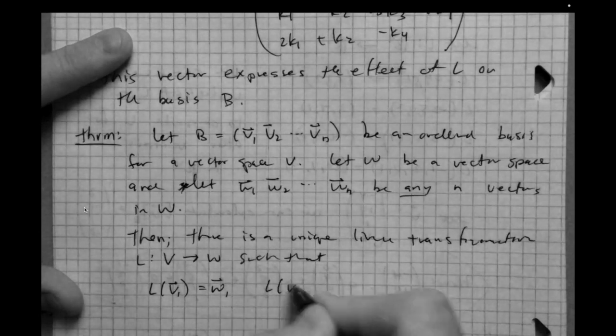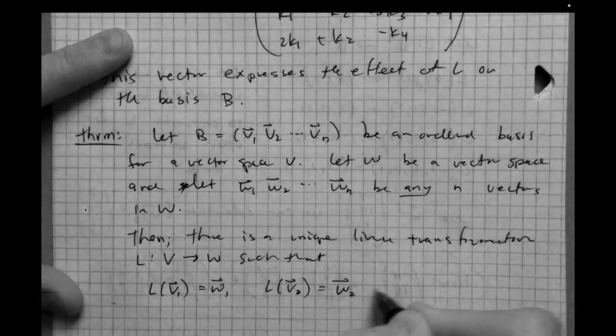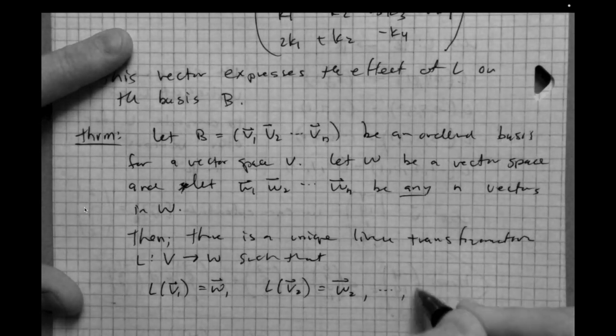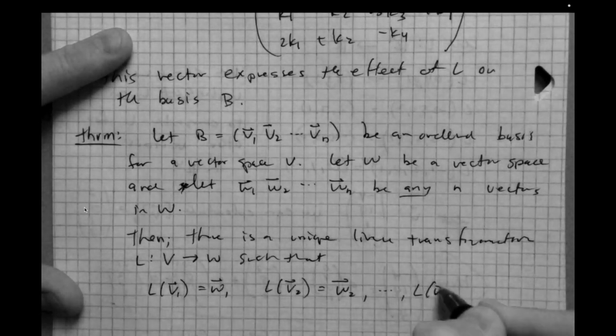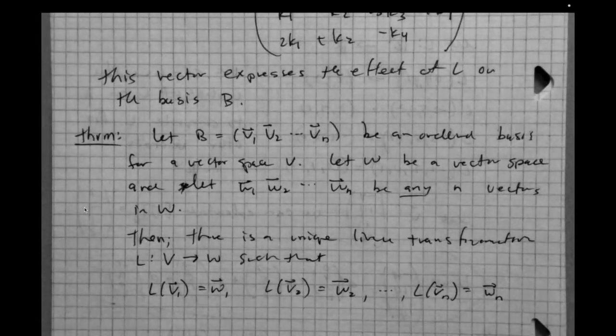L of v2, the second basis vector, is equal to w2. So on until L of vn, which is equal to wn. So you take the nth basis vector and run it through this linear transformation and you get wn.